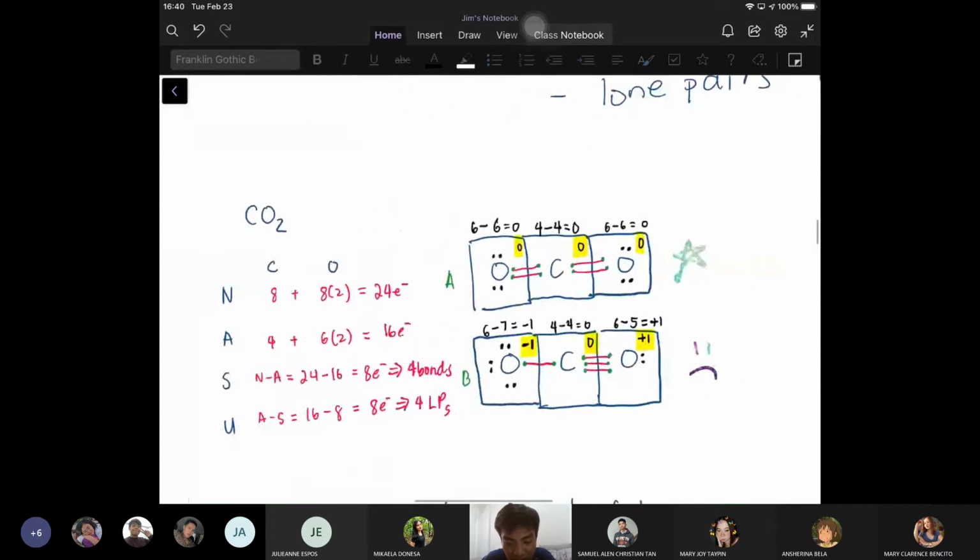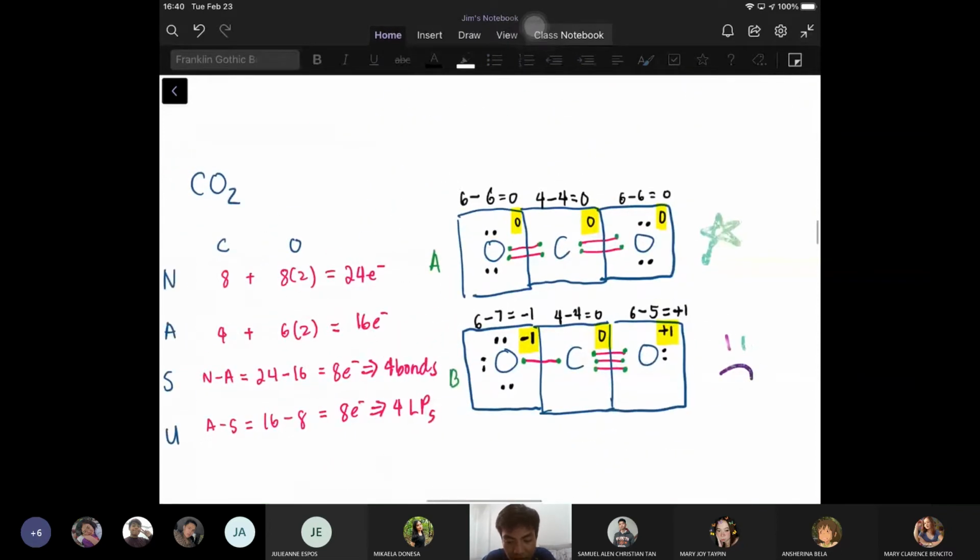So, yun yung ginawa natin dito last time. So, the reason why we rejected molecule B compared to A is that for letter B, oxygen, which is electronegative atom, bears a positive sign dito. So, ayaw niya yon kasi electronegative yan eh. As much as possible, it must be negative 1. Okay?